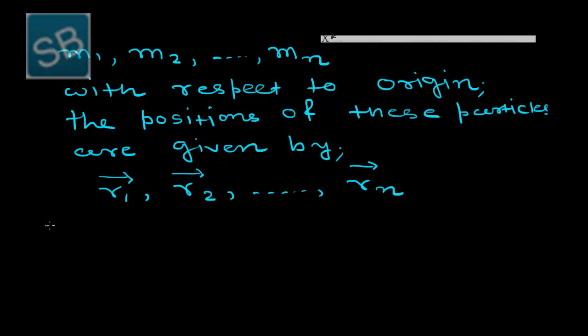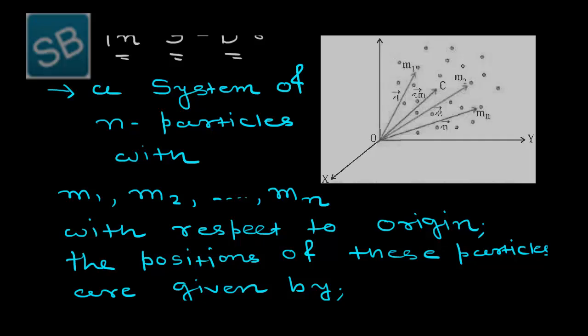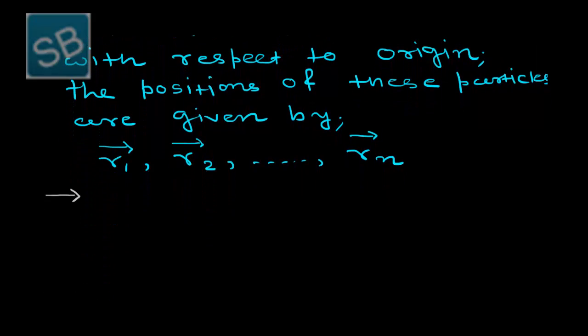Now I am directly moving to find out the center of mass from the figure. Where is the center of mass? They have assumed, see, it is not actually the center of mass, but they have assumed that let this point be the center of mass, that means point C, and with respect to the origin, its position vector is RCM, where CM stands for center of mass, not a simple centimeter.